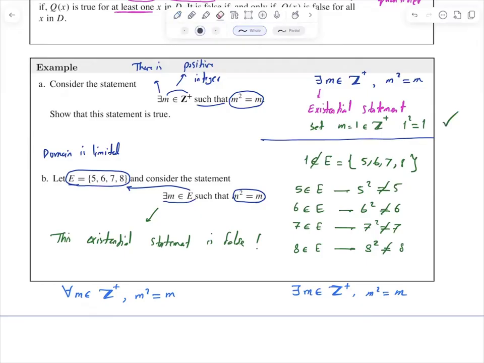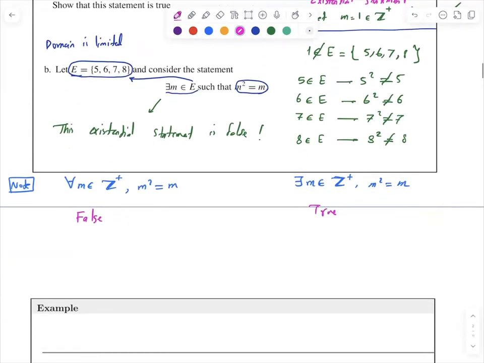The very first one is a universal statement and the second one is an existential statement. The first statement says for any positive integer, m squared is equal to m. This is a false statement. But here it says there exists one value that m squared is equal to m. This is a true statement. So know the difference between these two so you don't get confused when it comes to universal statement and existential statement. Let's move on to more practice.